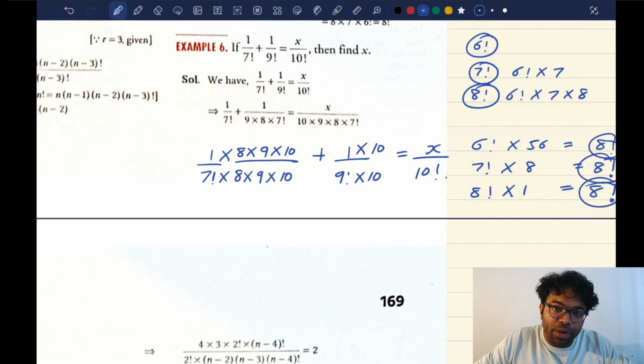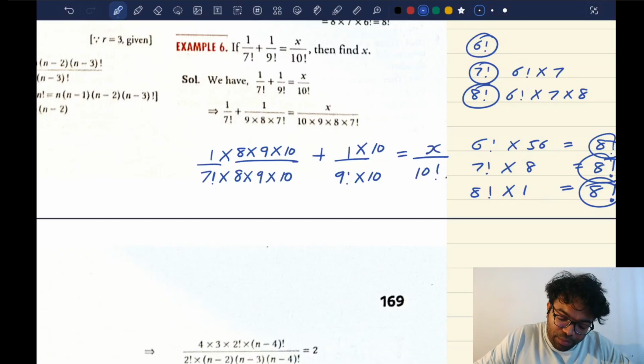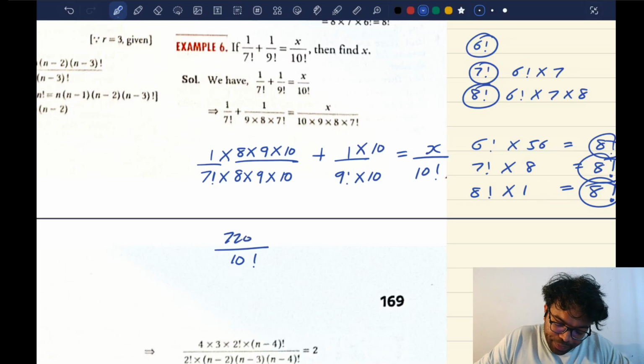So the denominators in both the LHS and the RHS have now become the same. 7 factorial into 8 into 9 into 10 is what? 10 factorial. And 8 9s are 720 plus.